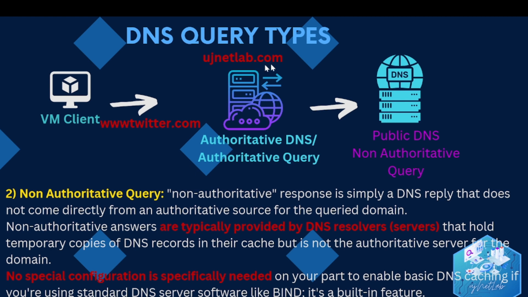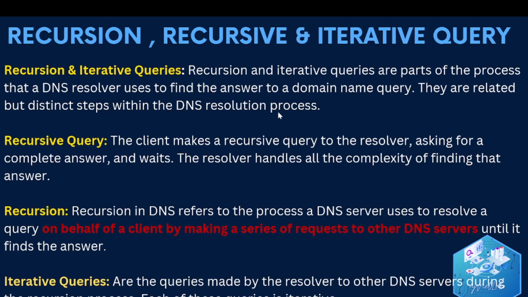It will delegate to some other party, the non-authoritative servers, which can be the root server, then the TLD server, and then finally the authoritative server, and then it will give the reply back. That is its job. So what is happening, all this going from this server to the root, this process is basically recursion.